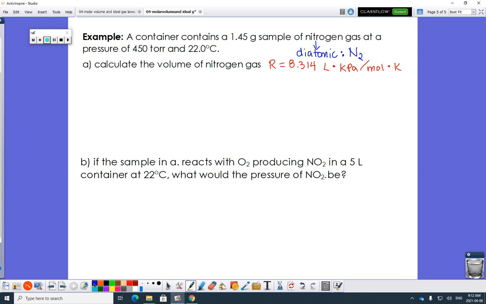It doesn't really matter what order you do it in. We can just go in order, like the grams are first, so let's change those to moles first. But remember, since it's diatomic, it's not just 14, it'll be 28.